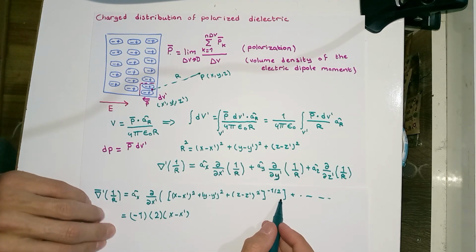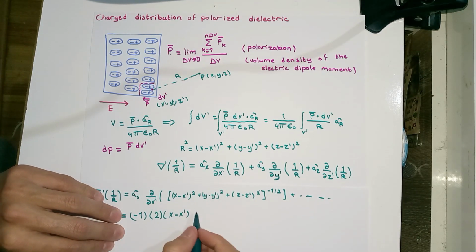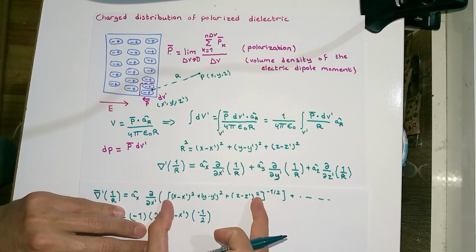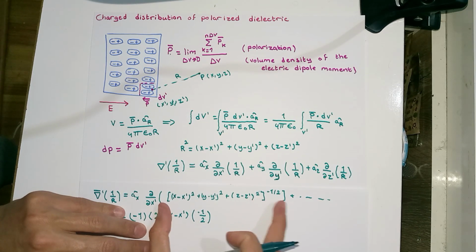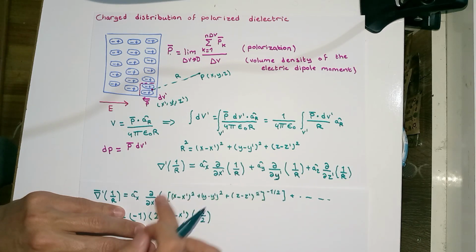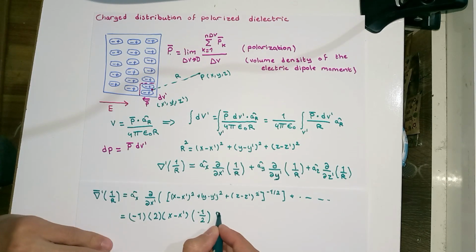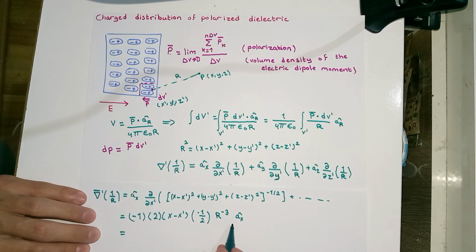Now the derivative of this whole term is minus half, as this whole thing is equal to R. This whole thing is equal to R, so this is equal to the square root of R. So the final answer is going to be R to the power of minus 3. Now by applying 101 algebra, this is equal to this.